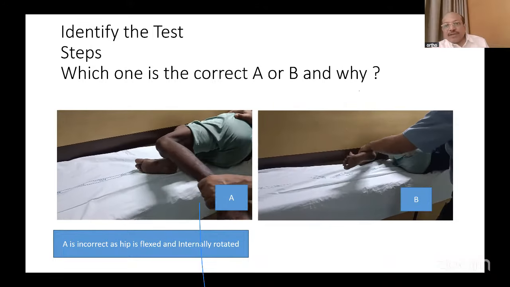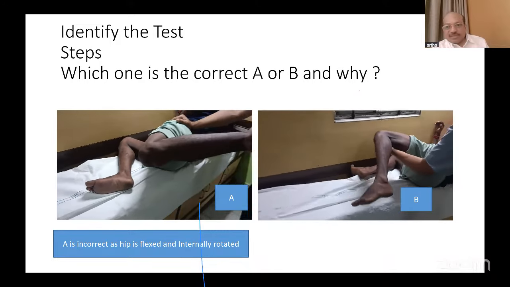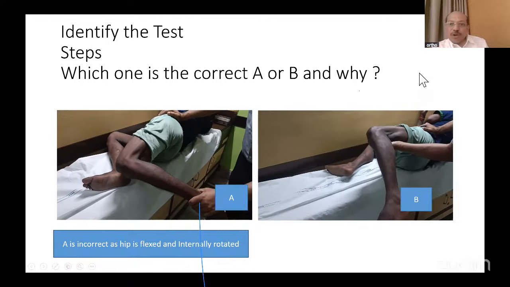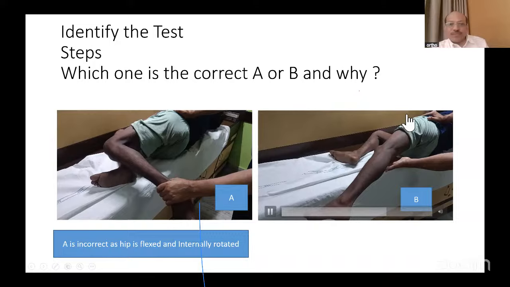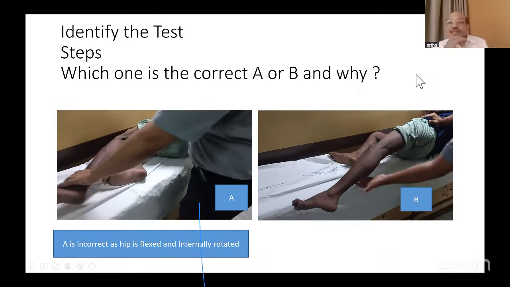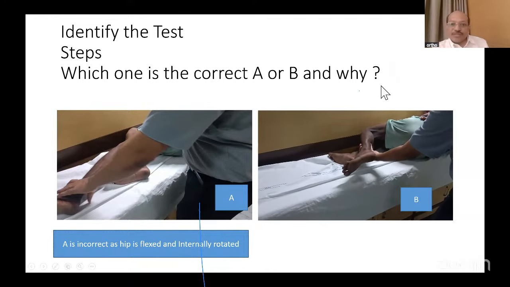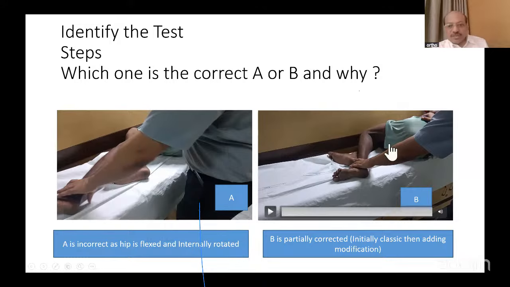Now the affected limb should be abducted and extended, keeping the knee flexed. This is the classical one, and gradually the limb is allowed to drop to the floor. But here it is lowered down, but it does not fall down. So how much lowering is normal? It should be at least more than 10 degrees. These are the parameters. So basically A is a completely wrong method. B is partial.